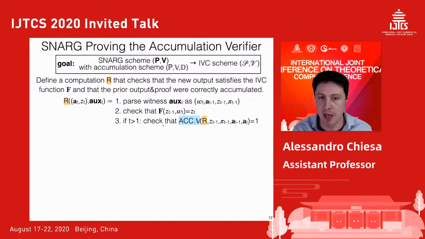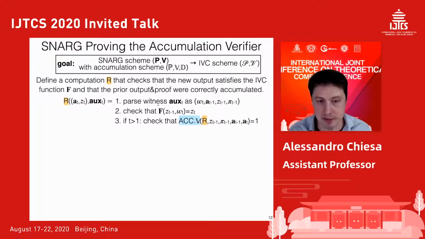That's easy. But whenever we are not in the base case, we're going to check that the accumulation verifier establishes that the new accumulator has correctly accumulated the new input and proof into the old accumulator. I've said the same thing twice.